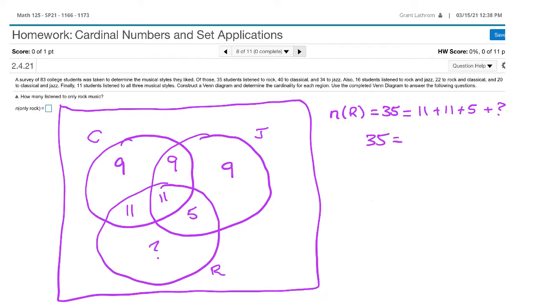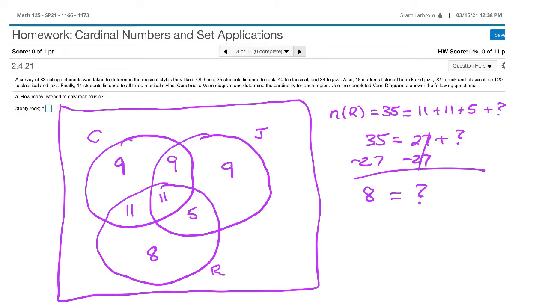So we've got 35 and 11, 11 gives me 22, 22 and 5 gives me 27, plus my unknown amount. Well, subtracting 27 from both sides, what I see is that my remaining amount, I have 8 people. And so in this outside region, I have 8 people remaining.